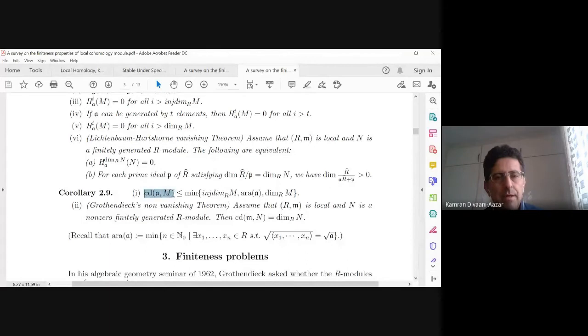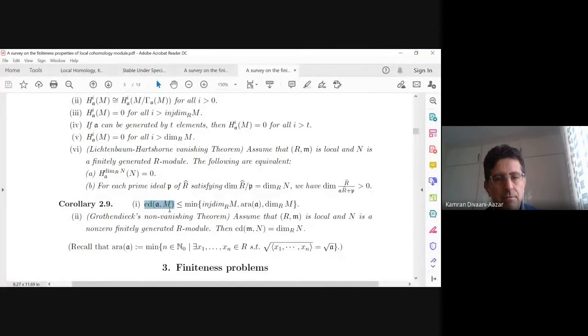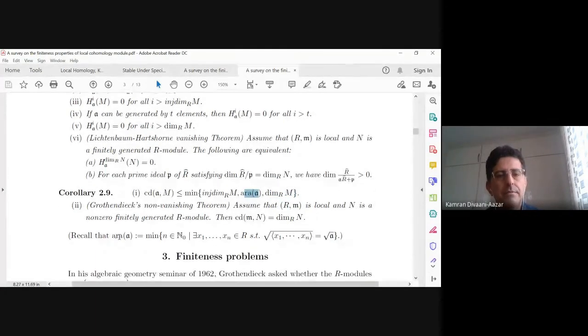Cohomological dimension of A and M. From these three parts, we can see that the cohomological dimension of A and M, which is the last point that local cohomology of M with respect to A is non-zero, should be less than or equal to the minimum of these three integers: injective dimension of M, arithmetical rank of A, and dimension of M. For those who are not familiar with this arithmetical rank, I bring its definition here.